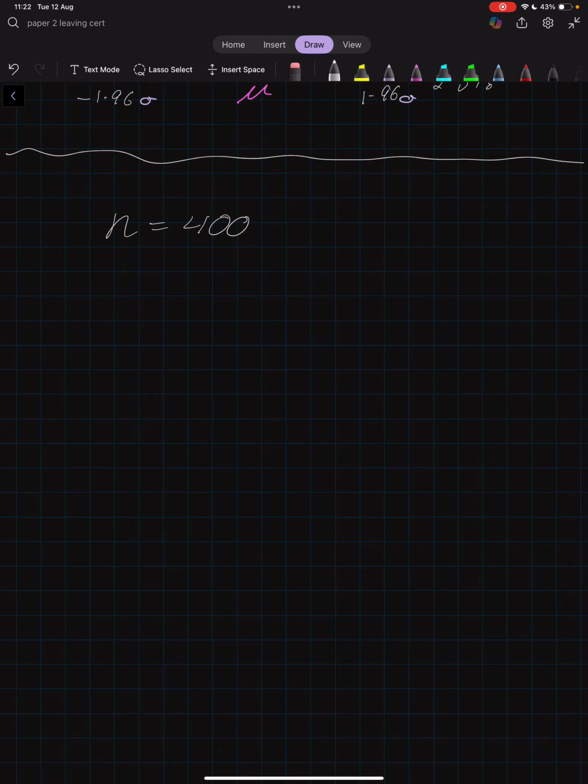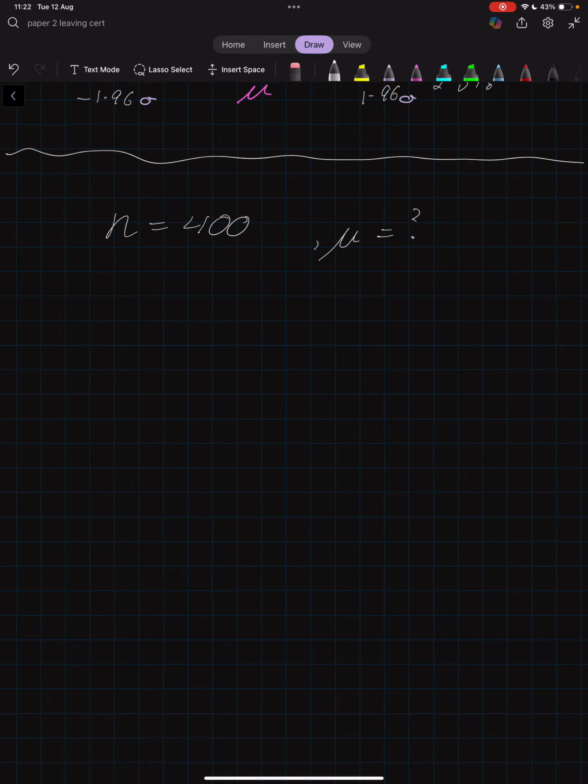Okay, so if you don't know whether it's a population or a sample, or if they don't say it, but they give you a number, then chances are it's going to be the sample. So it's 400, that's great. And then it says it was taken from a large contingent with unknown mean. Okay, so they don't know what the mean is.